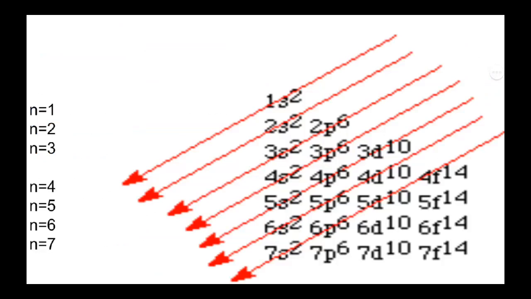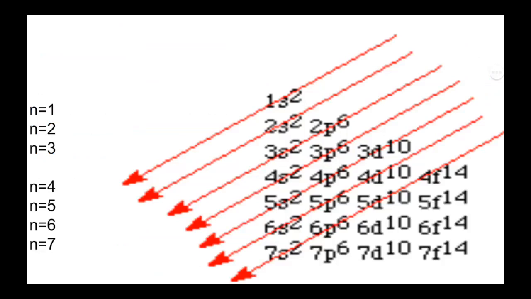When we talk about the second energy level, which is n equal 2, it has 2 subshells: 2s2, 2p6. n equal to 3: 3s2, 3p6, 3d10. Okay, 3 subshells, s, p, and d.